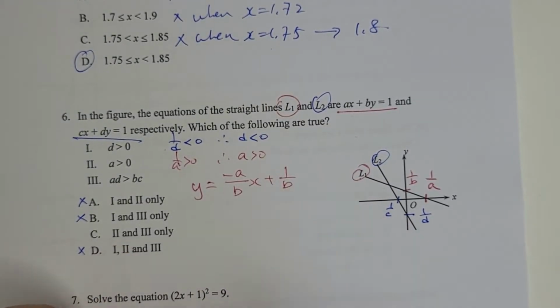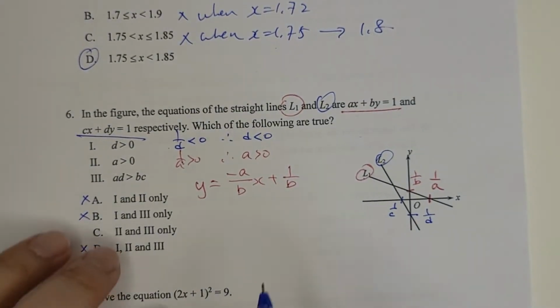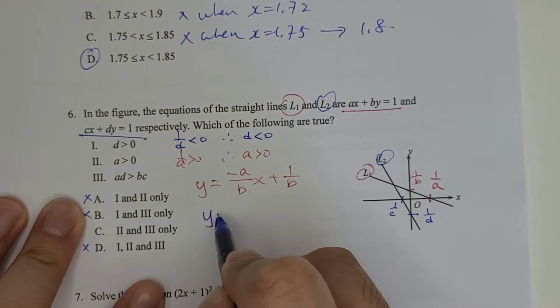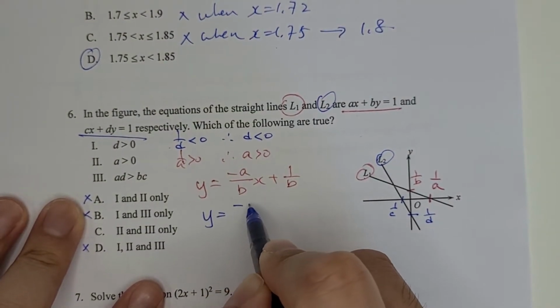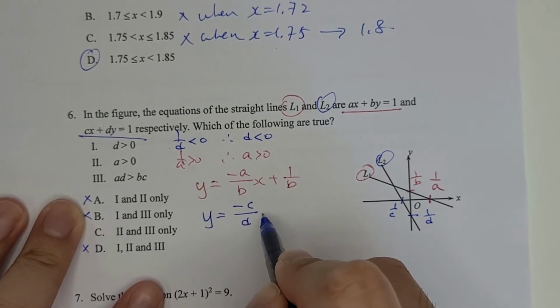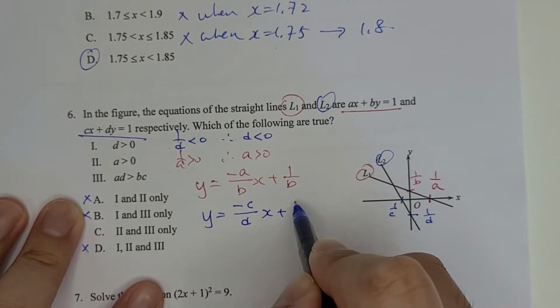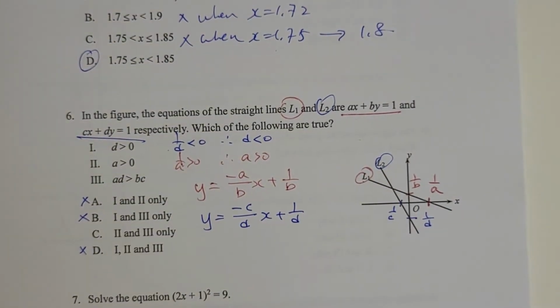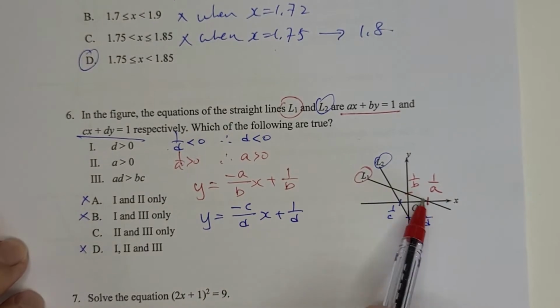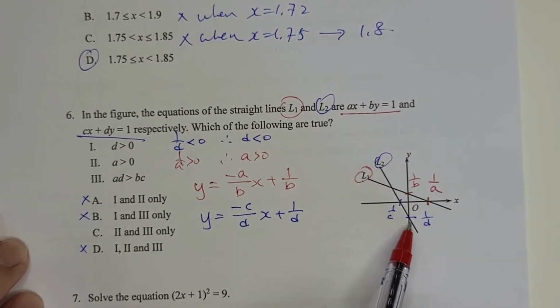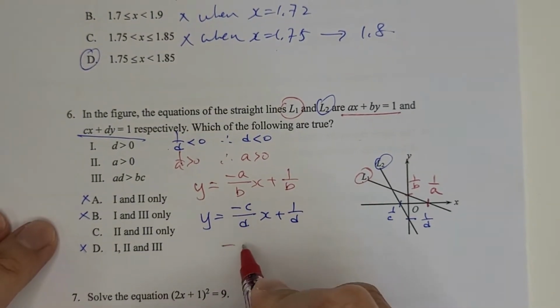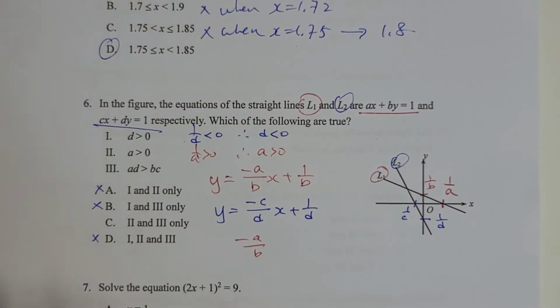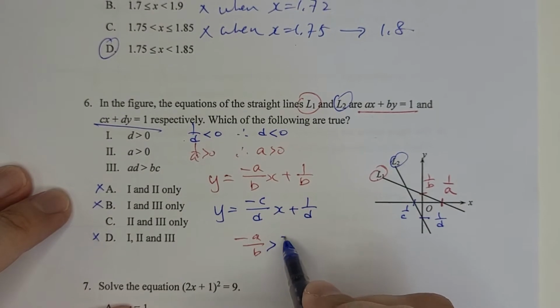That's the equation of L1. And the equation of L2: y equals negative c over d x plus 1 over d. So just check the slope of these two straight lines. The slope of L1 is greater than the slope of L2. So negative a over b is greater than negative c over d.